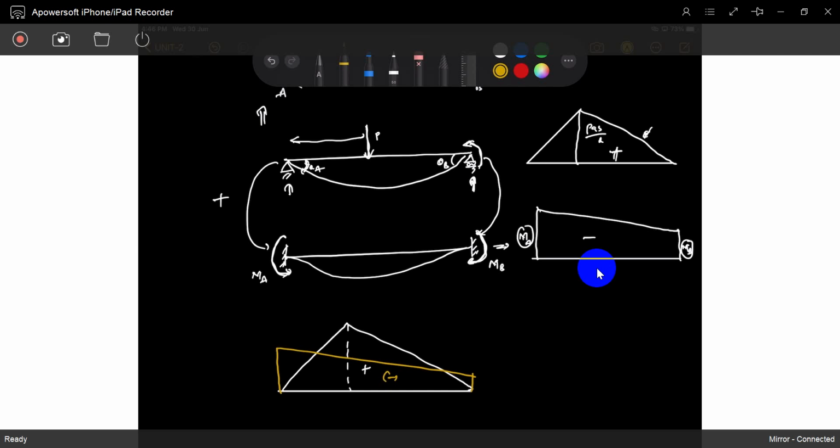So the positive and negative will disappear like this. So no need, I will write it like this. This zone is cancelled. So the positive and negative are cancelled in this zone.